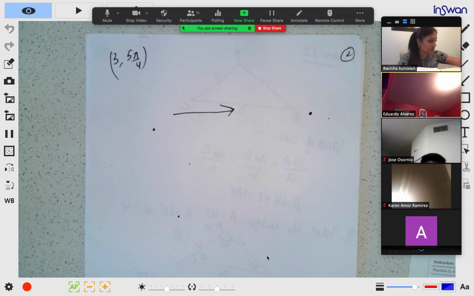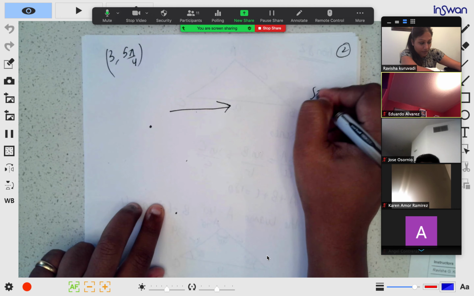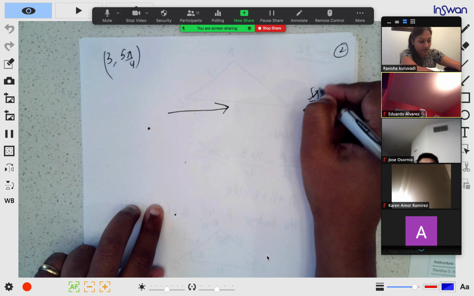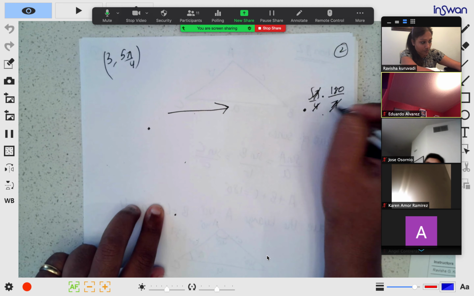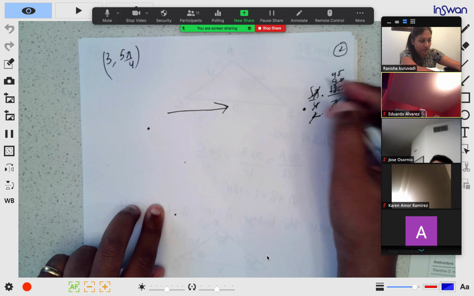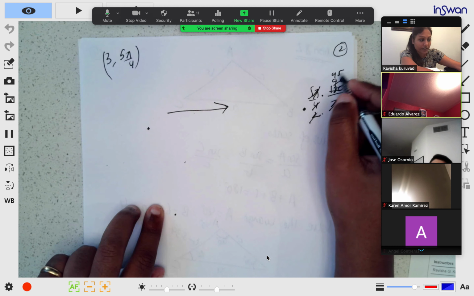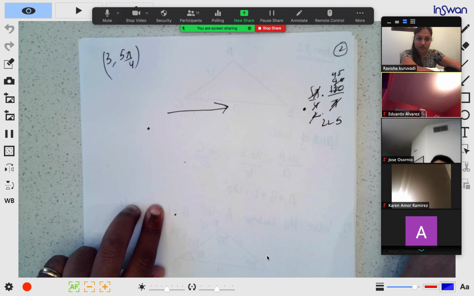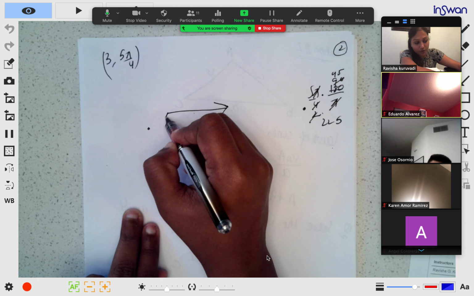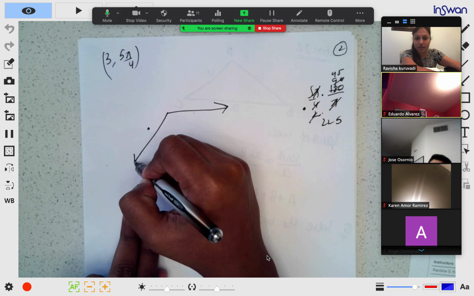To calculate, you multiply 5 pi by 4 by 180 over pi. You get 225. So 225 is here in my third quadrant. You're correct. I draw it here.